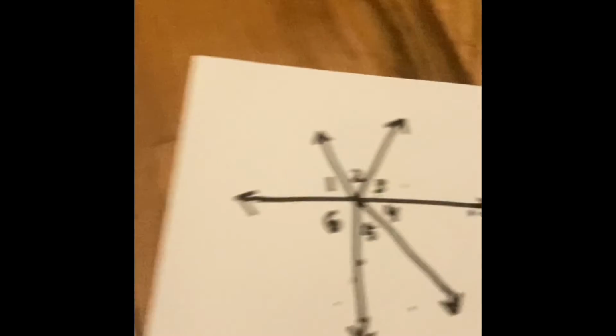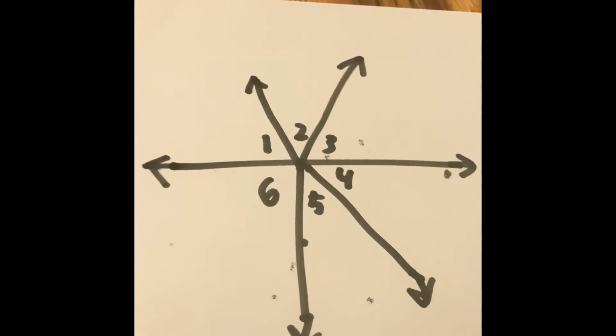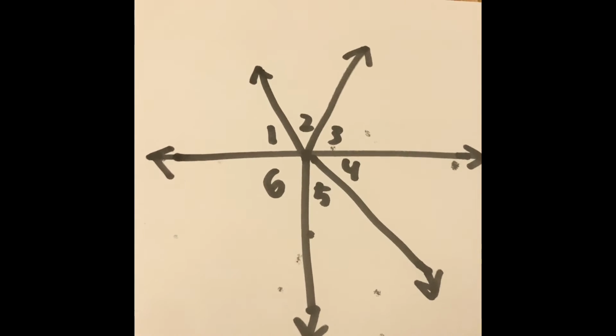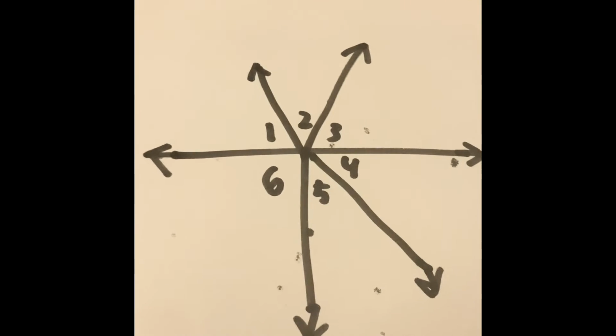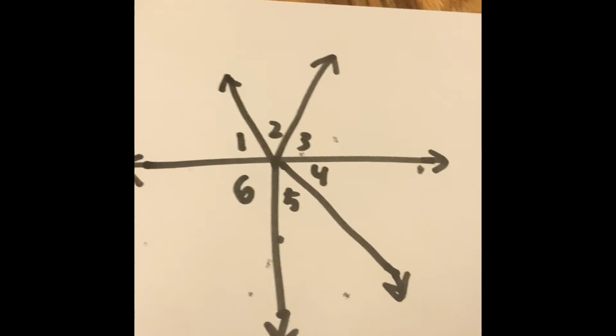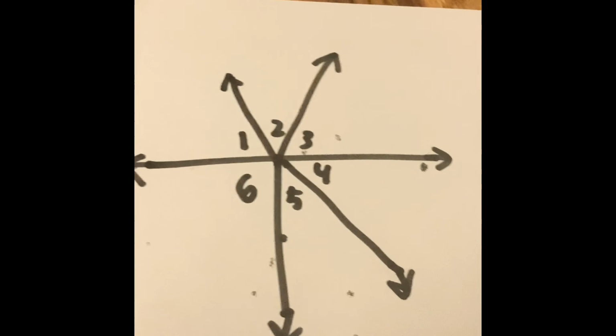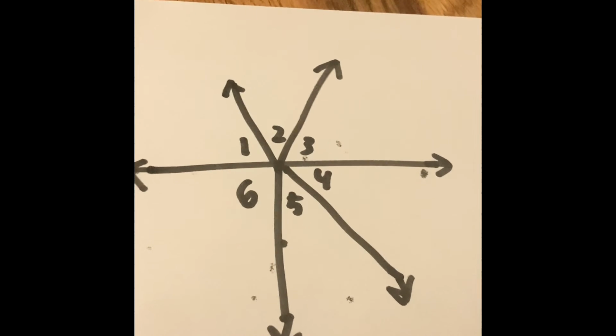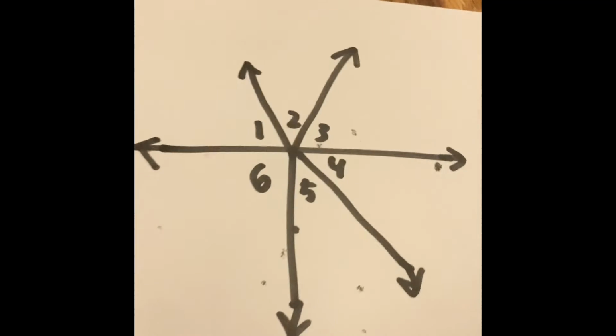If you said, for example, like 6 is going to be equal to 2 and 3, that does work, but it breaks one rule. You can only have one figure as one figure that are vertical angles.